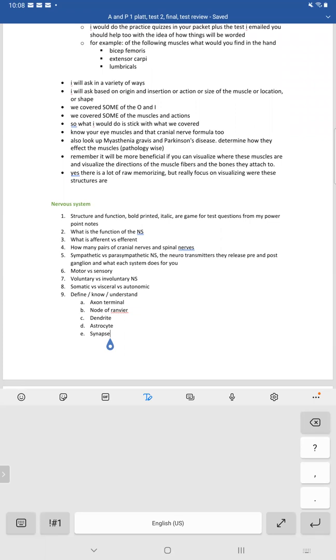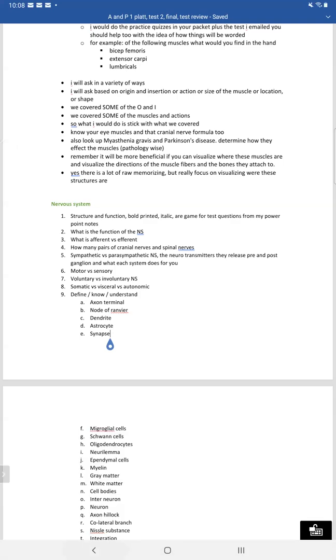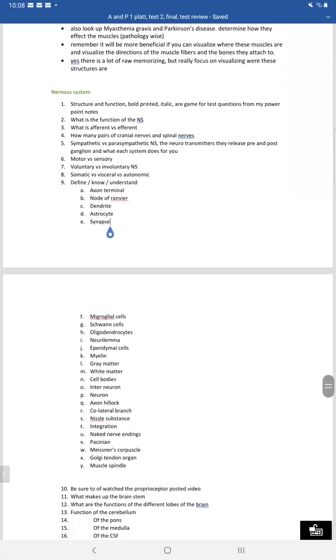Write down synapse on the back side. What is it? What is an astrocyte? Okay, that was part of the glia, the neuroglia, right? We had, I think, 5 different ones: the astrocytes, oligodendrocytes, microglial cells, ependymal cells. And that's all right here.